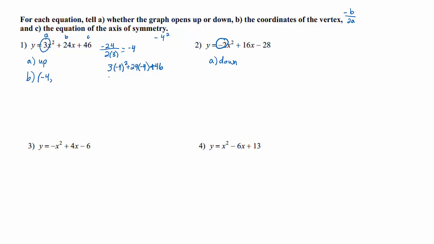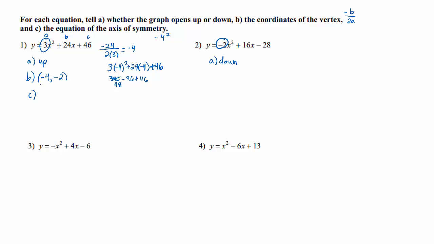So this would be 3 times 16, and then 24 times negative 4 is negative 96, and 3 times 16 is 48, so 48 plus 96 is 144, and 144 minus 96 is 48. So the y value of this is negative 2.